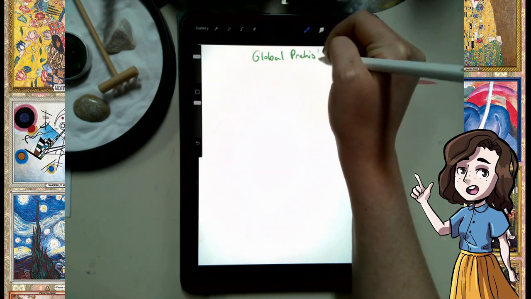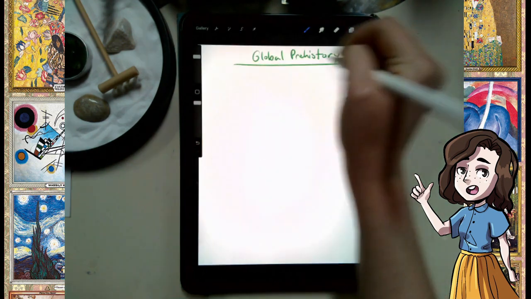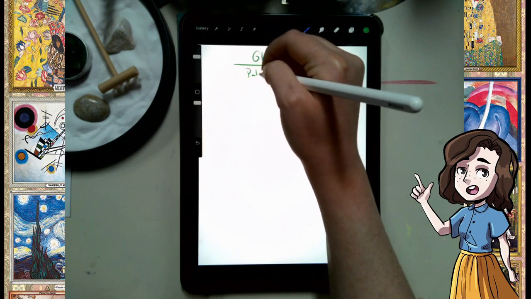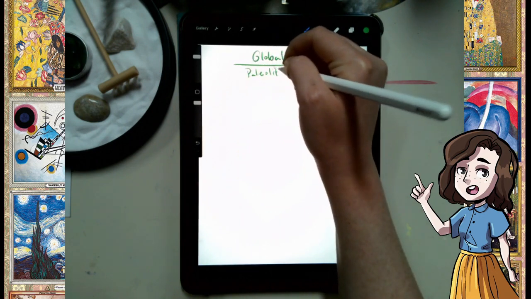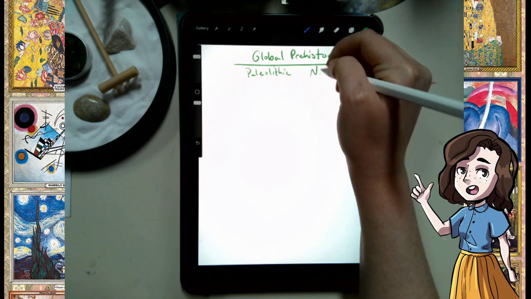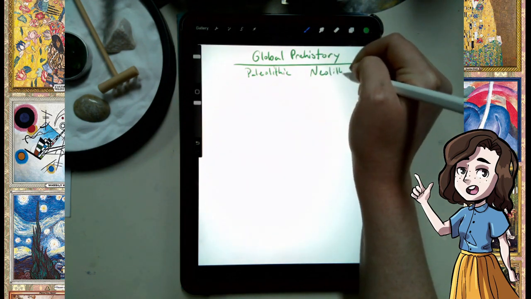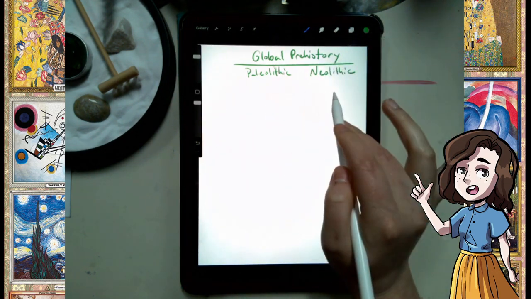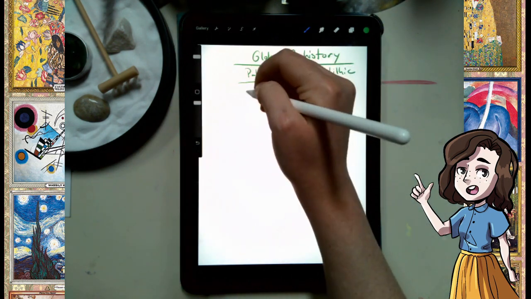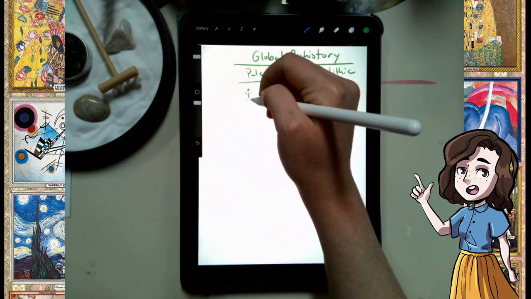Now, global prehistory, we have it split between Paleolithic and Neolithic. And the big difference here between Paleolithic and Neolithic is that Paleolithic people are hunter-gatherers, right?